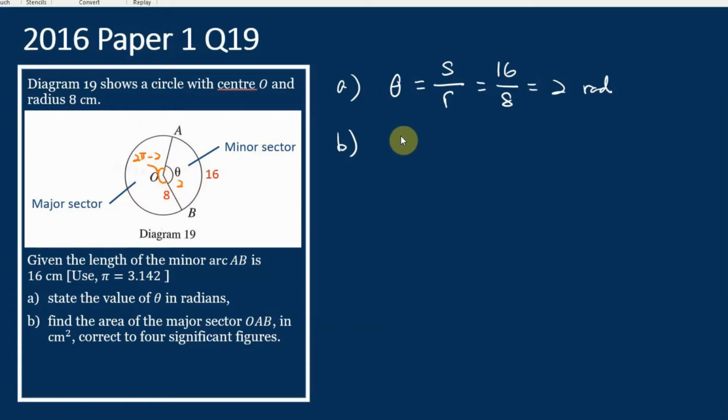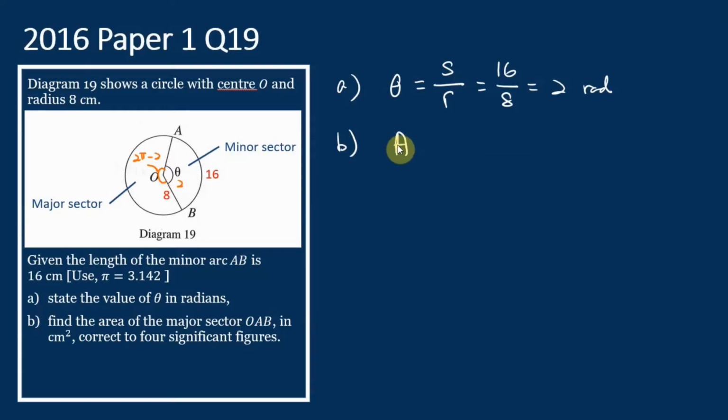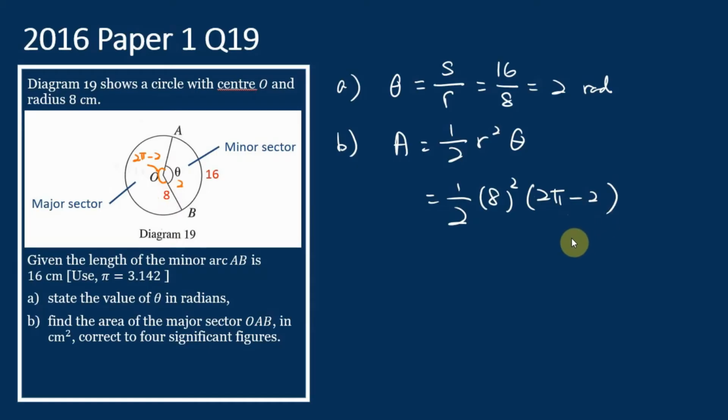The area of a sector is given by the formula A equals half r squared theta, and this is equal to half times 8 squared, because the radius is 8, and theta is 2 pi minus 2. Okay, let's use our calculators to find the answer.